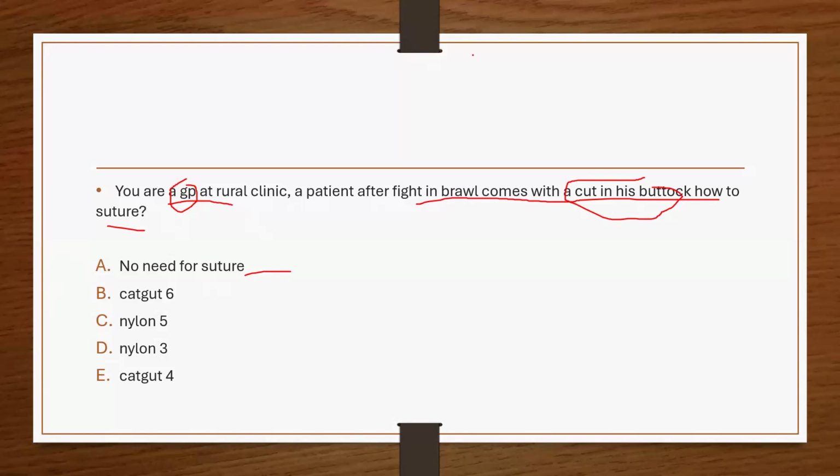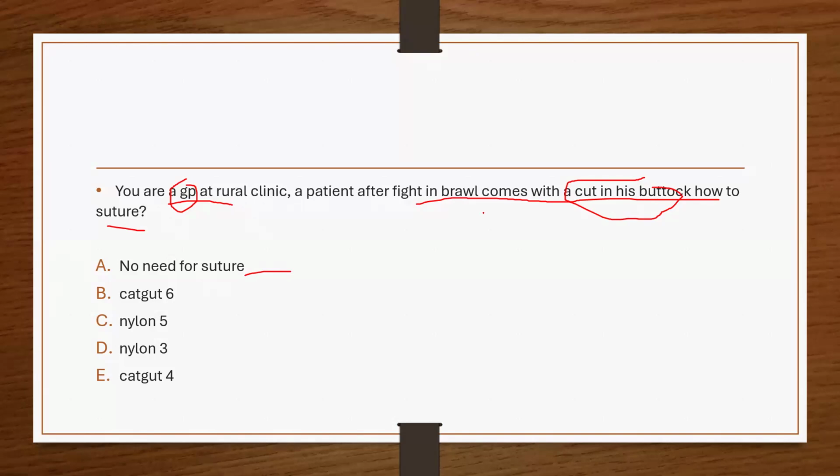Depth, not exactly the depth. Very good, Dr. Mehra, correct. Whether it's infected or not. If the patient is coming with an infected wound, then you are not going to suture it. You are going to go for a concept of secondary suturing, because you are not going to close an infected wound.